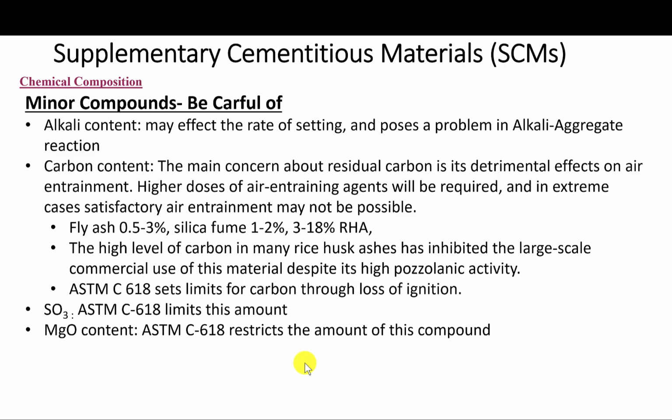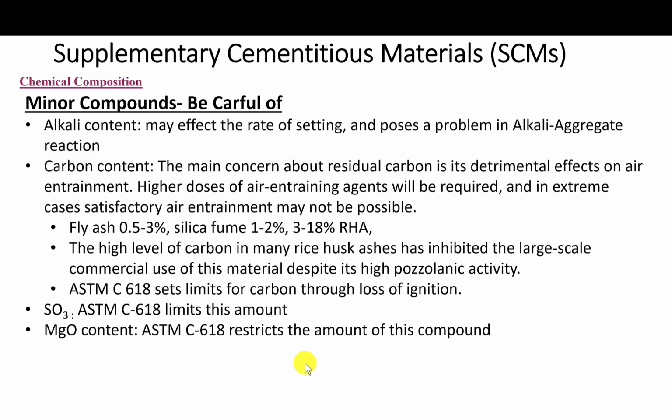Also, many of the byproduct materials contain unburned carbon. About 1 to 2% for the silica fume, maybe 0.5 to 3% for fly ashes, but sometimes it could reach as high as 25%. So you have to be careful.